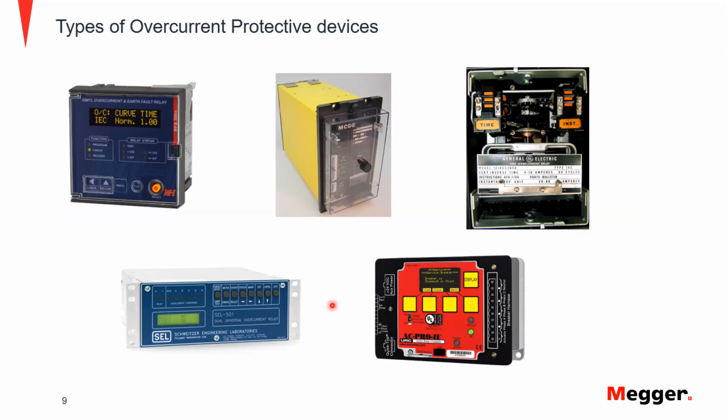In general, the idea is that they all protect for overcurrent fault conditions, so they're all doing the same type of function. And it doesn't matter how they get there and how it works out, whether it be a new microprocessor base or an old electromechanical, the concept is pretty much the same. They are going to open for overcurrent fault types.